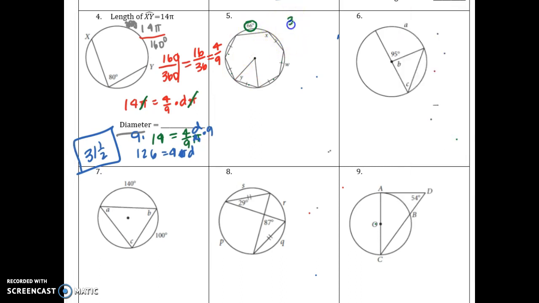So I first take 66 away from 360 to get 294, which means all the other arcs created by the chords have to add up to 294. And there are 1, 2, 3, 4, 5, 6 of those. So 294 divided by 6 is 49. So each one of these arcs has a degree measure of 49, which means W equals 49.